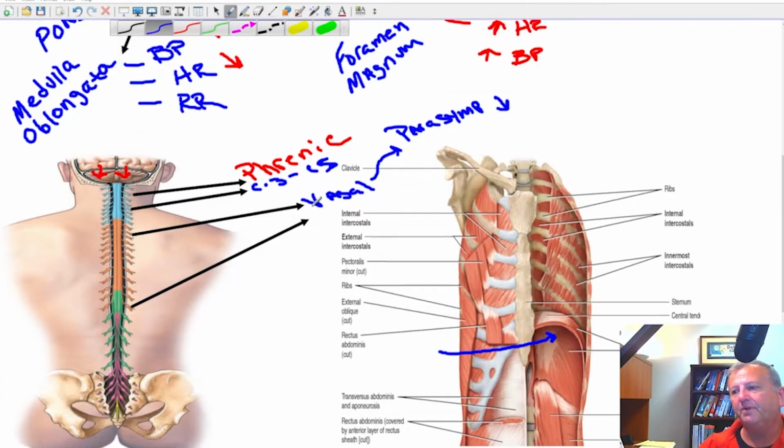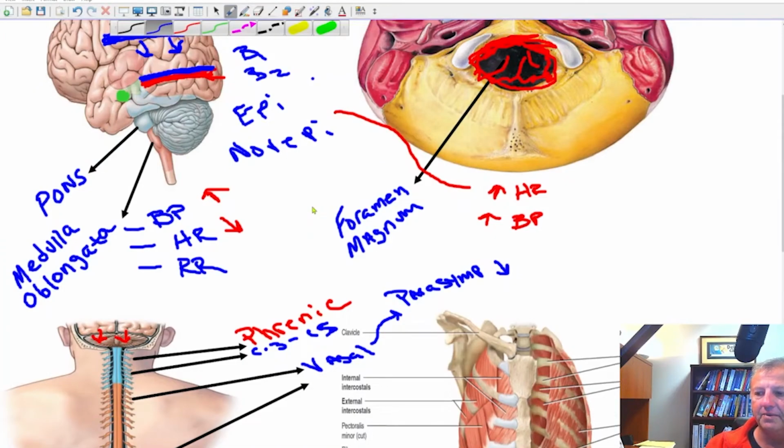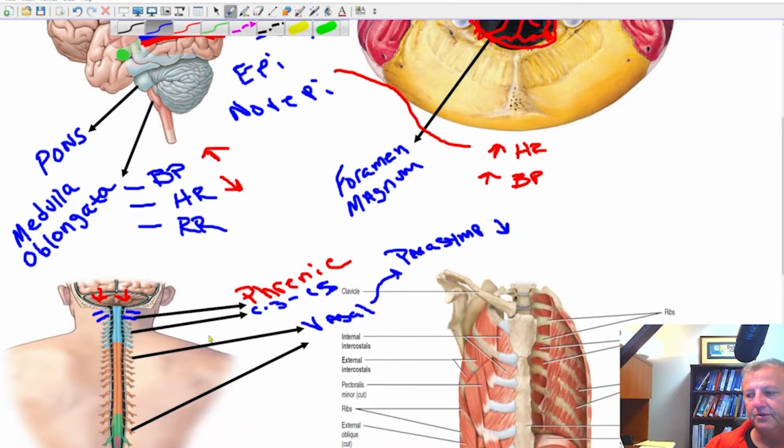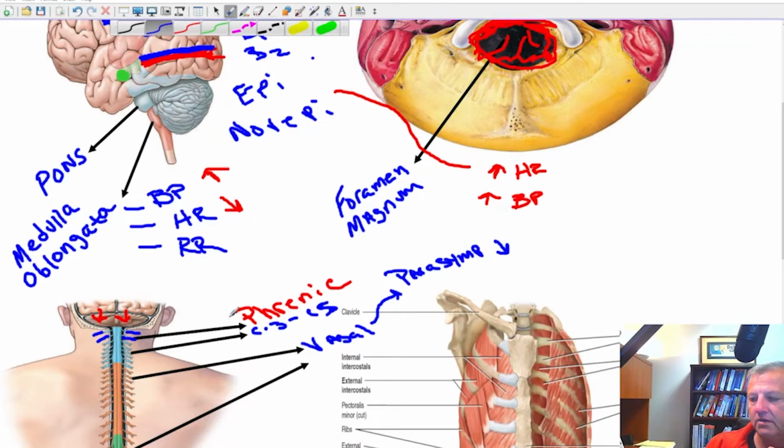I'm saying it's possible because of herniation. You've got this herniation going on, and it's going to affect the spinal nerves. Think about that for a second. Your respiratory rate lives up here in the medulla oblongata, and so does your heart rate and your blood pressure.